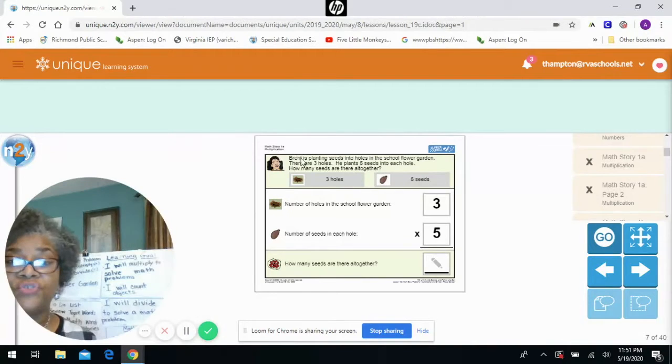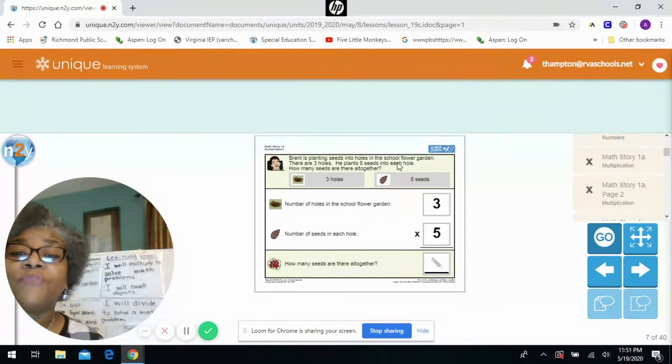And our first story is Brent. We're doing multiplication. So Brent is planting seeds into holes in the school flower garden. There are 3 holes. He plants 5 seeds into each hole. How many seeds are there altogether? What does this mean right here?